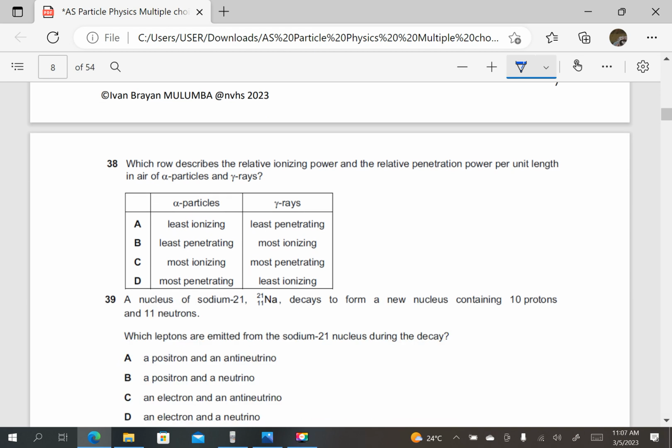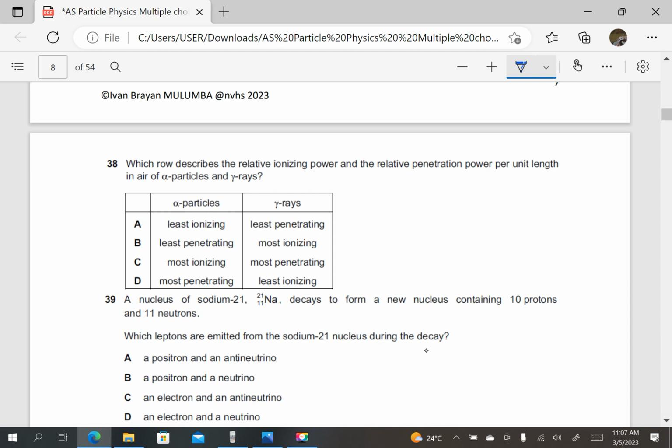Which law describes the relative ionizing power and the relative penetrating power per unit length in air of alpha and gamma radiations? Of course, gamma is more penetrating than alpha. So we can start by that. We know that gamma is most penetrating.